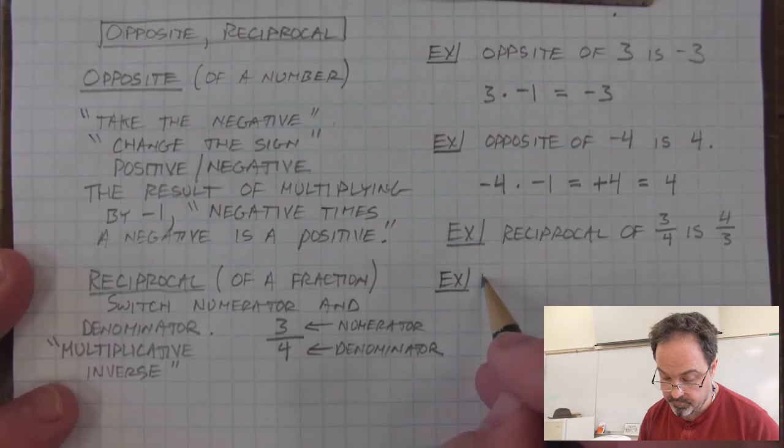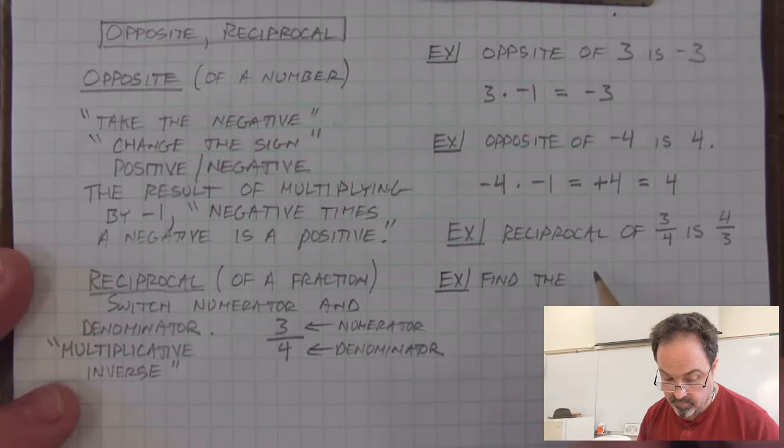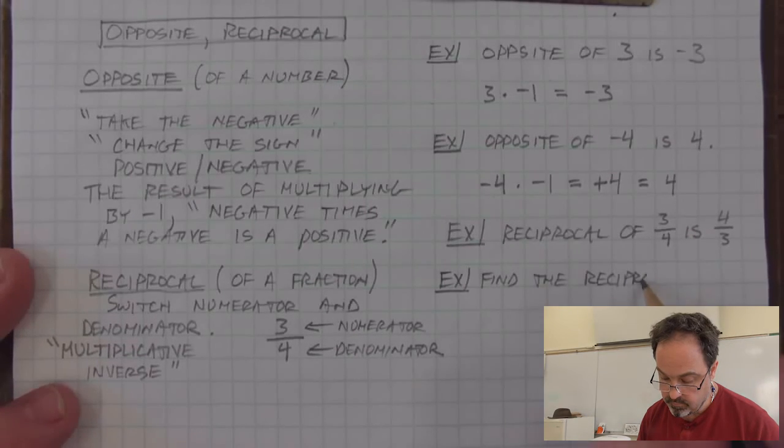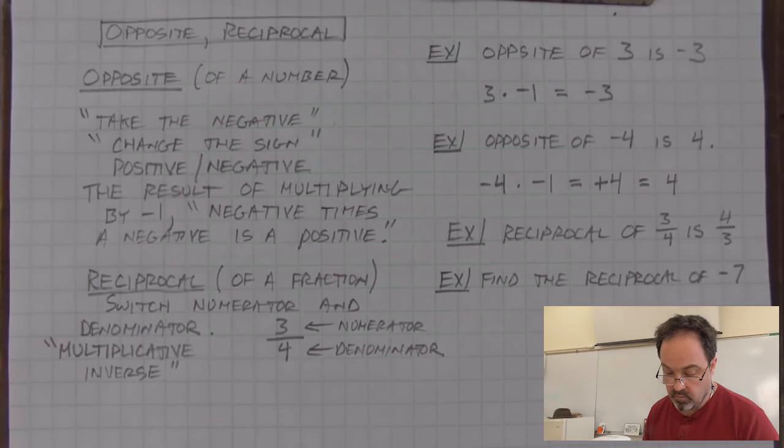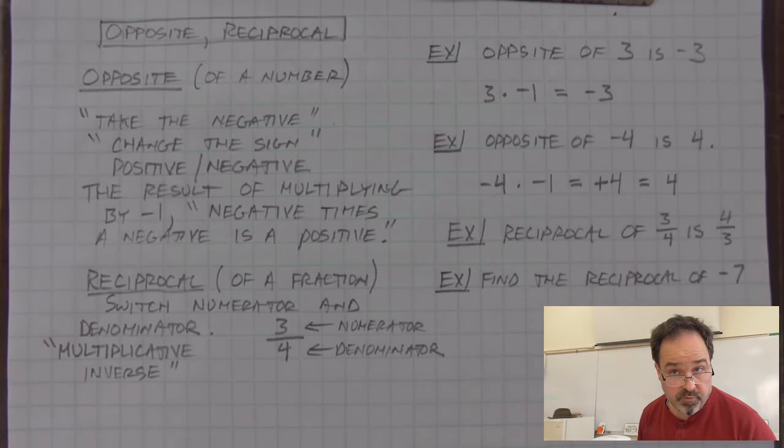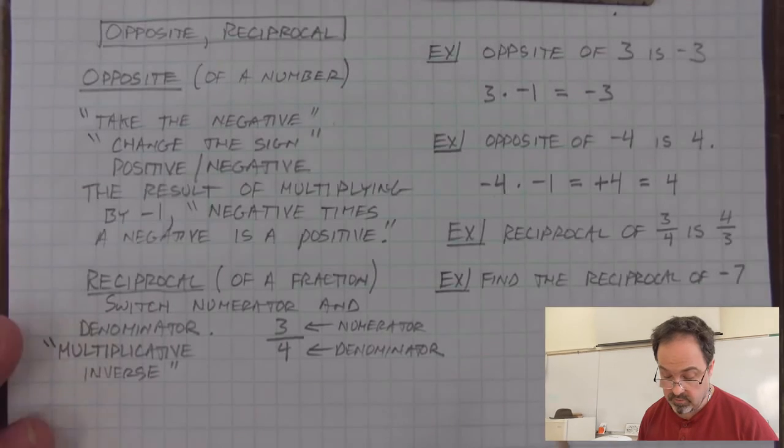Another example. Find the reciprocal of -7. Well, a reciprocal is a switching of numerator and denominator of a fraction. -7 doesn't look like a fraction.